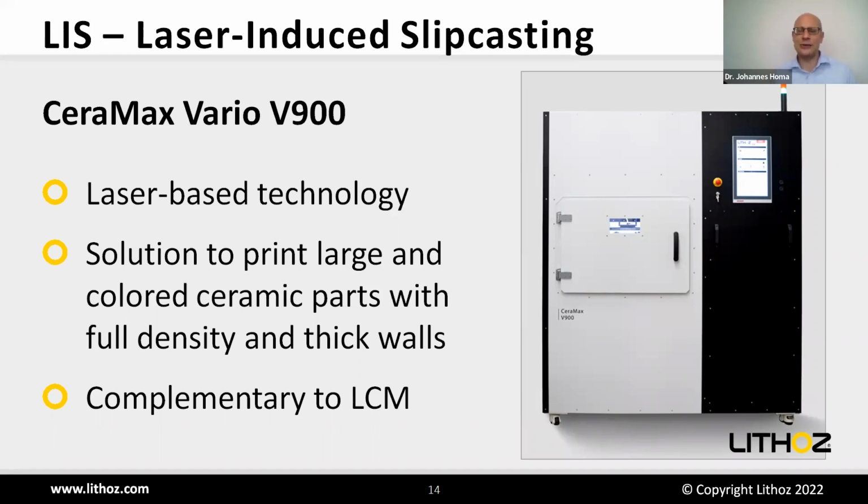As you can see here on the right picture, this is a laser-based technology, and it's a solution to print, as I said, large parts and dark ceramics. But, and this is always very important for me, to full density. This is something which we are focusing on, to always deliver the same material properties as in conventional forming.